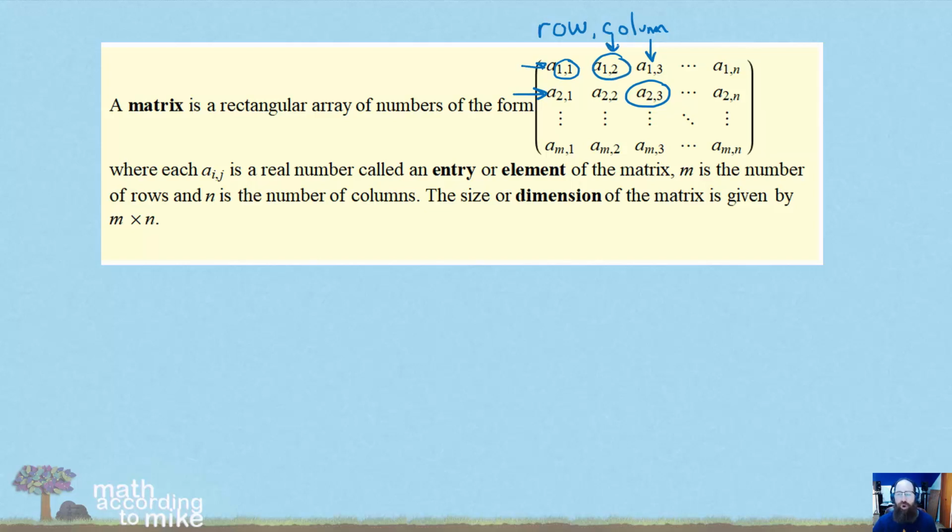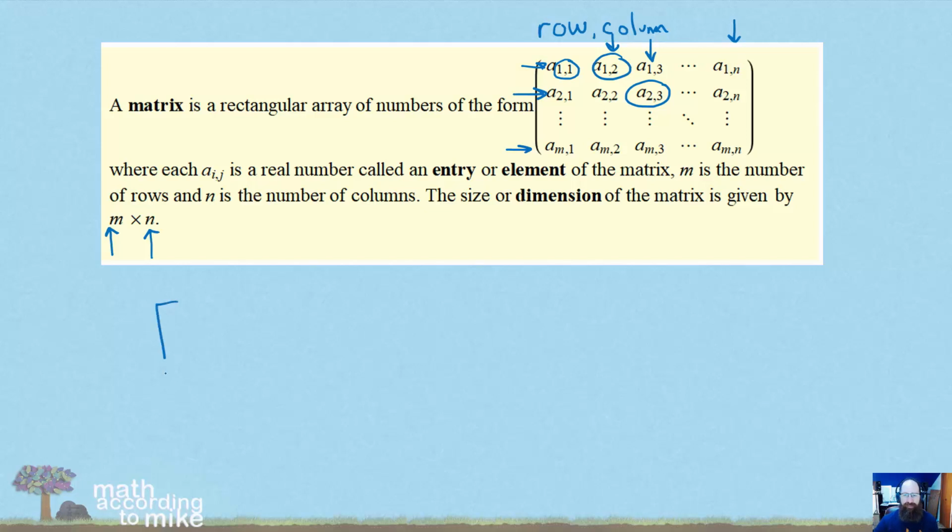So it's always row by column, always, always, always. So m is the number of rows, n is the number of columns. That's why these all start with an m comma something, and these all end with a comma n.